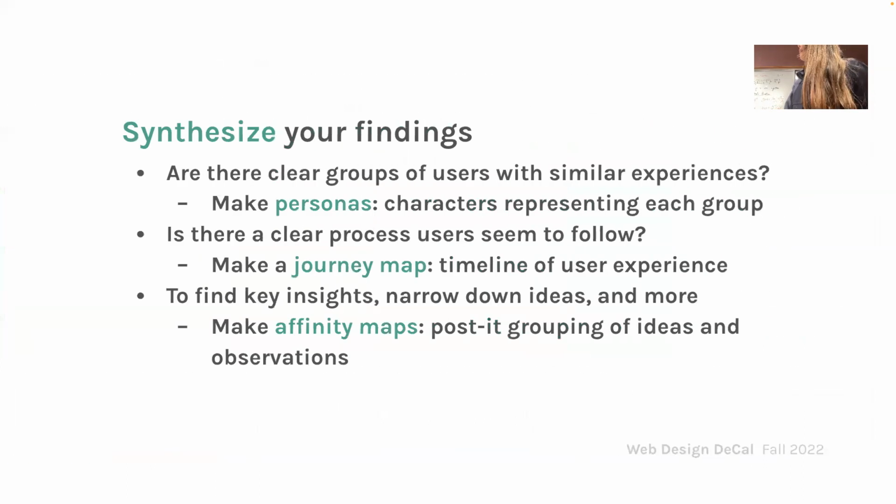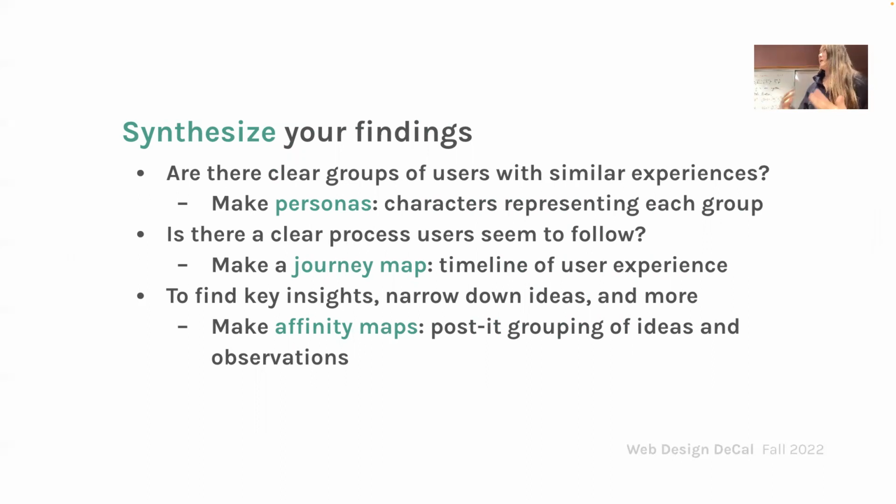And then finally, when you want to identify the key problem that your product is going to solve, you can find the key insights of the personas and the journey maps, narrow down those ideas, and make affinity maps to group those ideas and observations. This is a secondary step.